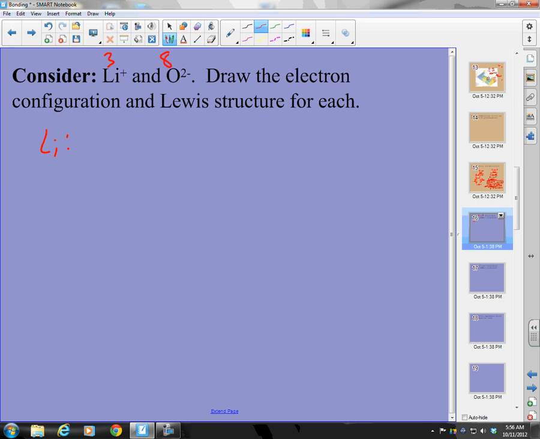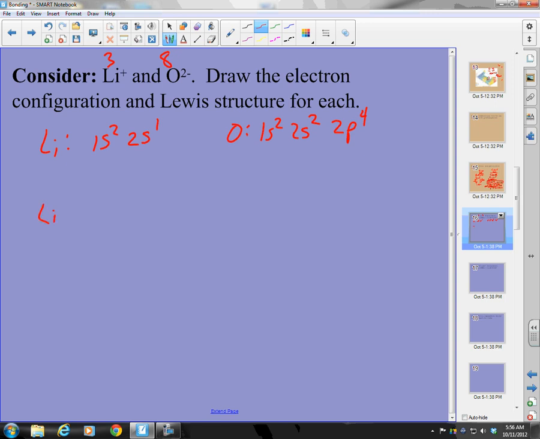So what is my electron configuration for regular lithium? 1s2, 2s1. And my electron configuration for oxygen is what? 1s2, 2s2, 2p4. Good. Now it says draw the electron configuration for lithium plus.